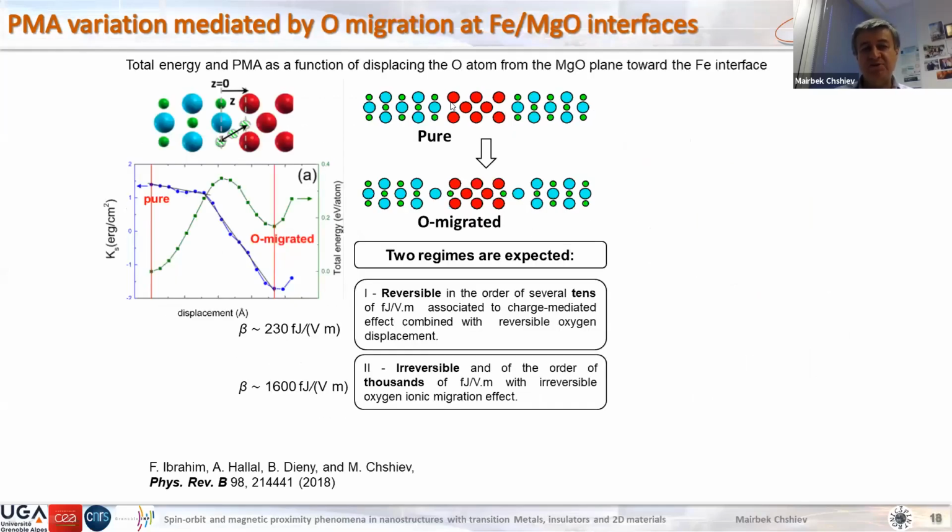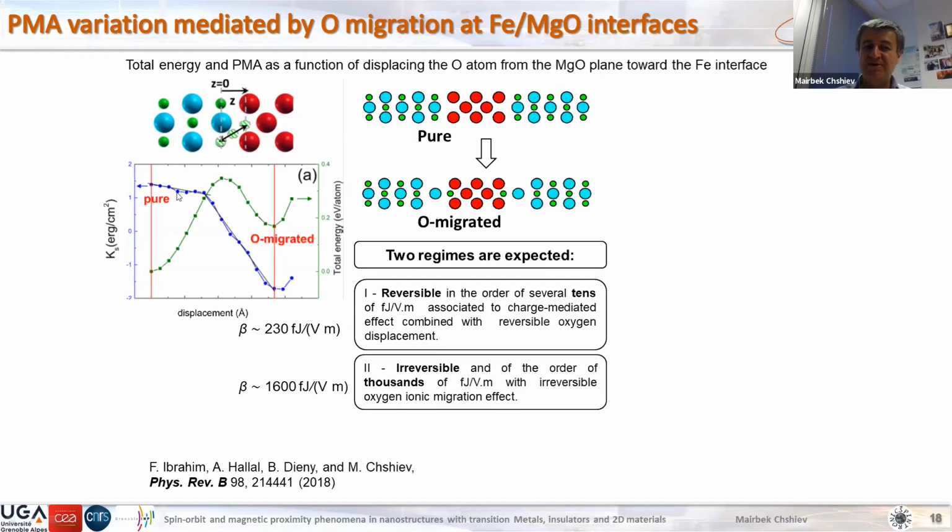We decided to take this transition from pure to oxygen migrated case. Again, it was very time-consuming work, but let's trace how anisotropy behaves as we go from that, how we are moving this oxygen from this position to that position. And what we found is anisotropy actually has two regimes.